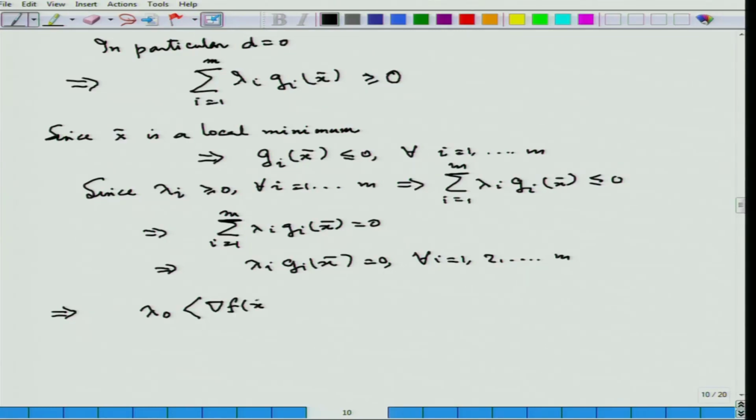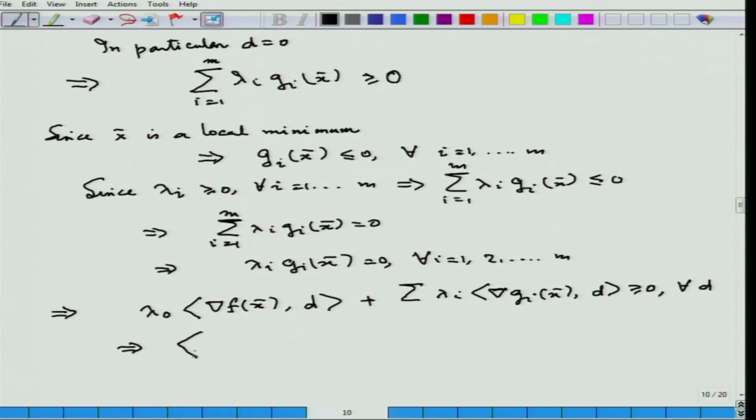grad f(x bar) d plus summation lambda_i grad g_i(x bar) d is greater than or equal to 0 for all d. So, this can be simply written as lambda naught grad f(x bar) plus summation i equal to 1 to m.